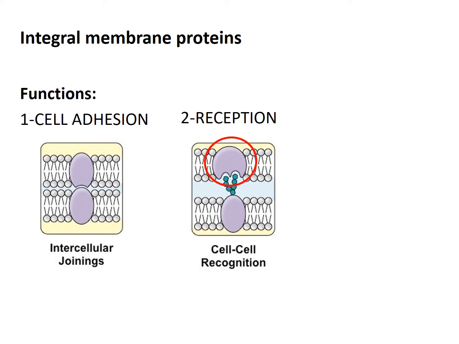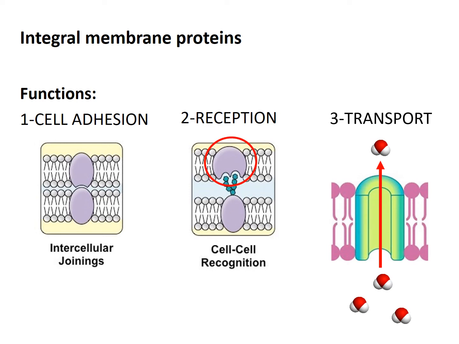A third important function of integral membrane proteins is transport. Transport refers to the movement of molecules from one side of a membrane to the other. Recall that the phospholipid bilayer, because of its hydrophobic core, reduces permeability. That means it reduces the chances that molecules will randomly diffuse across the membrane.